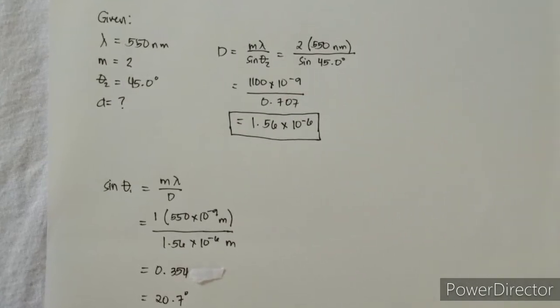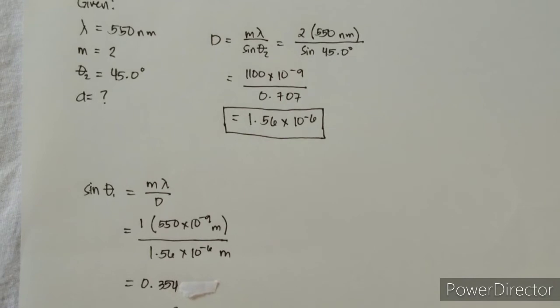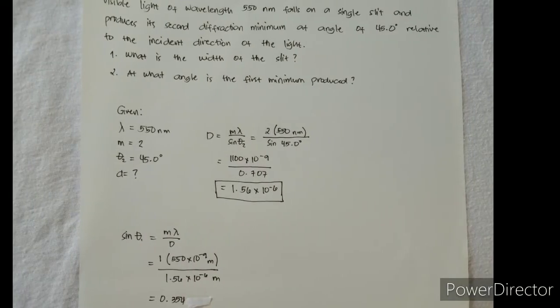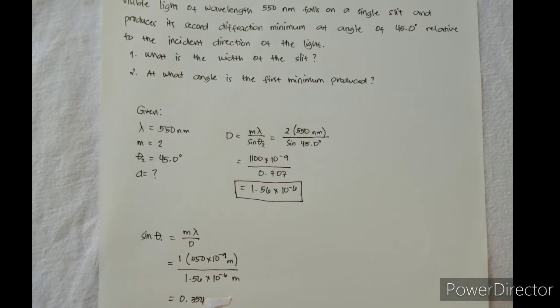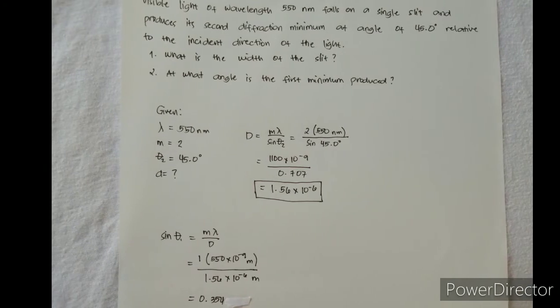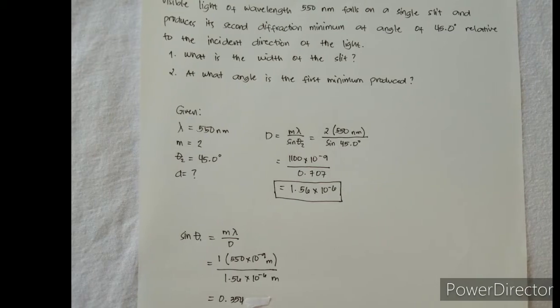From the result, we see that the slit is narrow. It is only a few times greater than the wavelength of light. This is consistent with the fact that light must interact with an object comparable in size to its wavelength in order to exhibit significant wave effects such as this single-slit diffraction pattern.